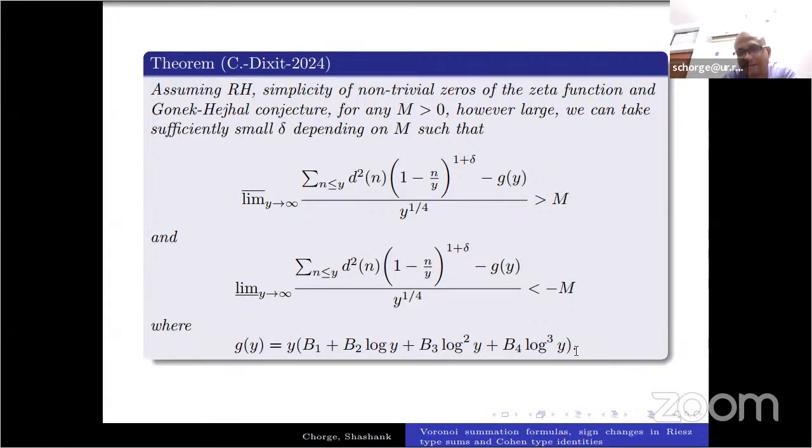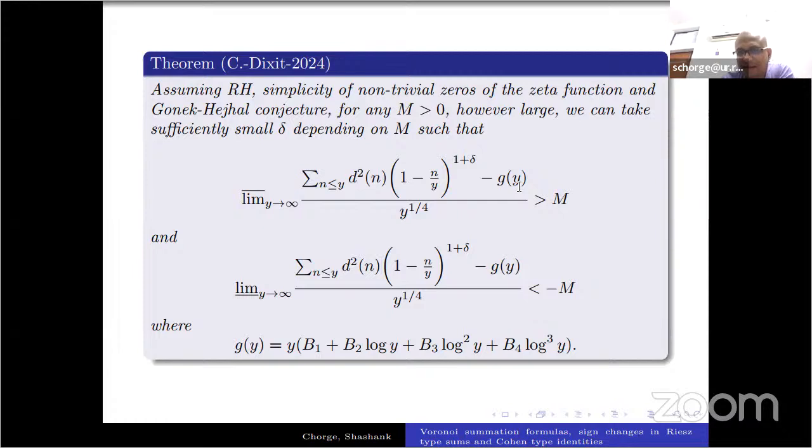So this is the function g of y, and this is the bound we get for d square, divided by y raised to 1/4 and so on. The ideal case would be if we could put delta equal to 0, we could get a lot of conjectured bounds. But because of the limitations, we can't put delta equal to 0, since we don't have results for such things.